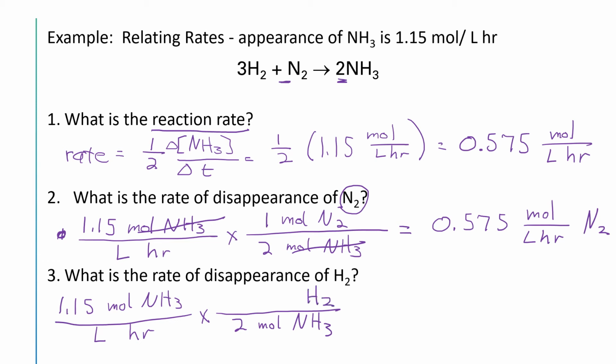The coefficient on hydrogen in the balanced equation is a 3. So 3 moles of hydrogen. Now moles of ammonia cancel with moles of ammonia. And so now we've got 1.15 times 3 divided by 2. And that's going to be 1.73 moles per liter per hour of hydrogen.